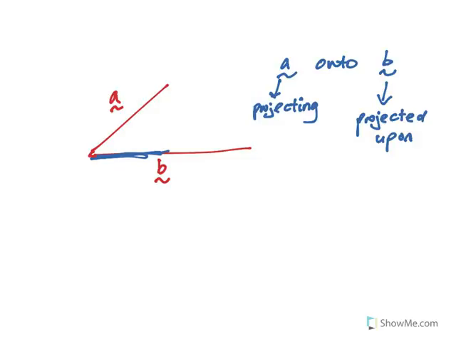Then the length of projection is as though we cast a light, and it is the shadow cast by vector A.